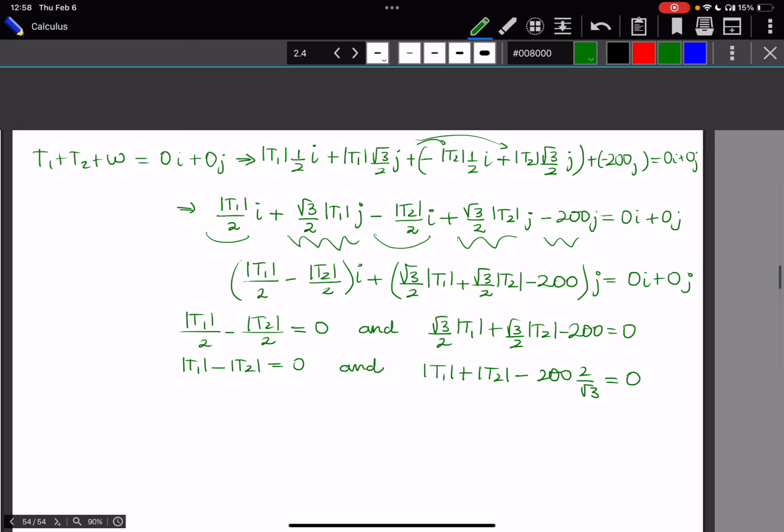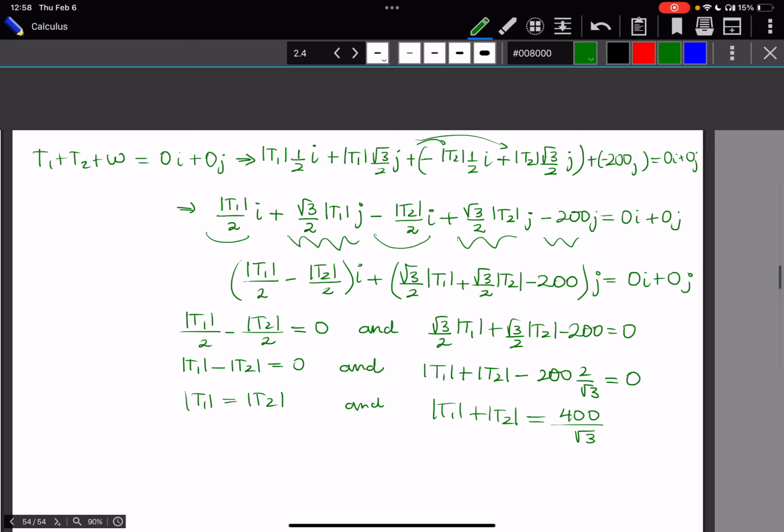And then this equation right here is telling us that when we add the magnitudes of T1 and T2, we get, and we're moving this constant over to the right, 2 multiplied by 200, that's 400. We'll keep the root of 3 where it is. So there we have this answer.